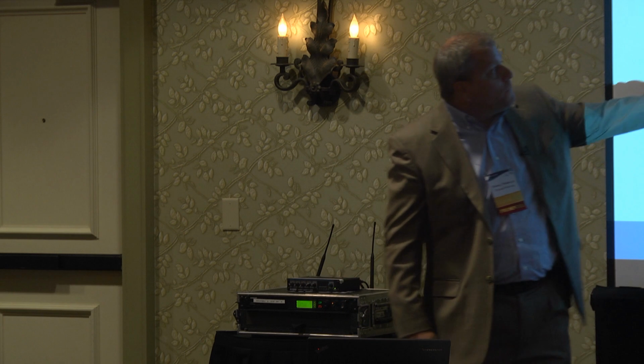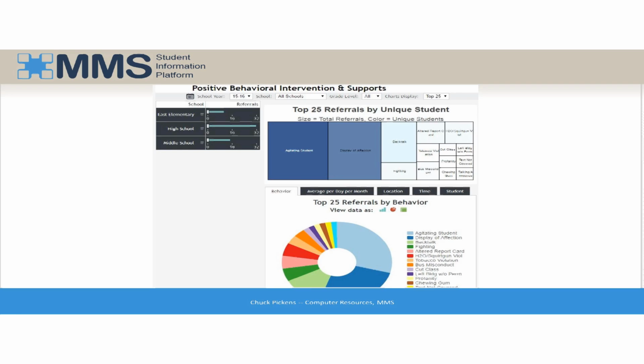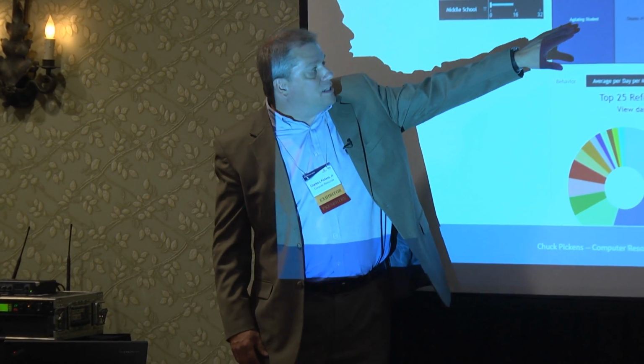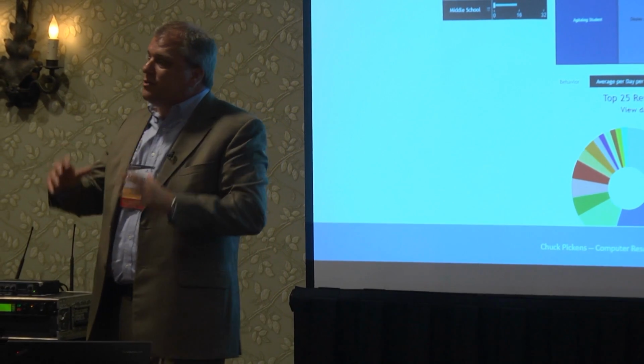And so essentially with this dashboard here, it's a little bit more graphical. I can easily see that because of this dark color and this large area here, this infraction of agitating students is the biggest issue that's going on in the building within the middle school itself. Does that make sense?